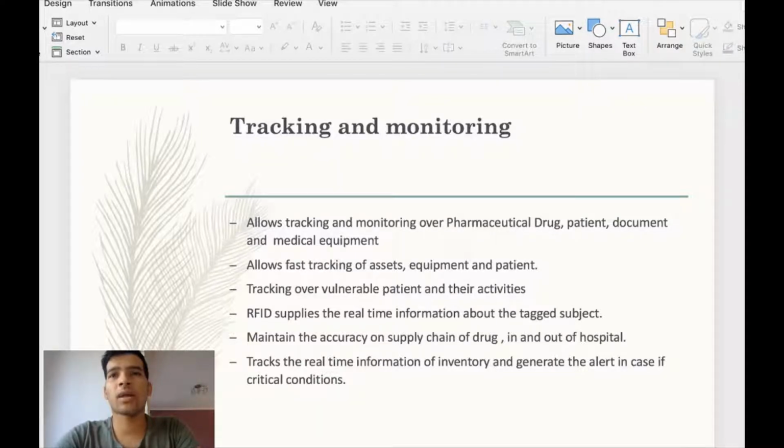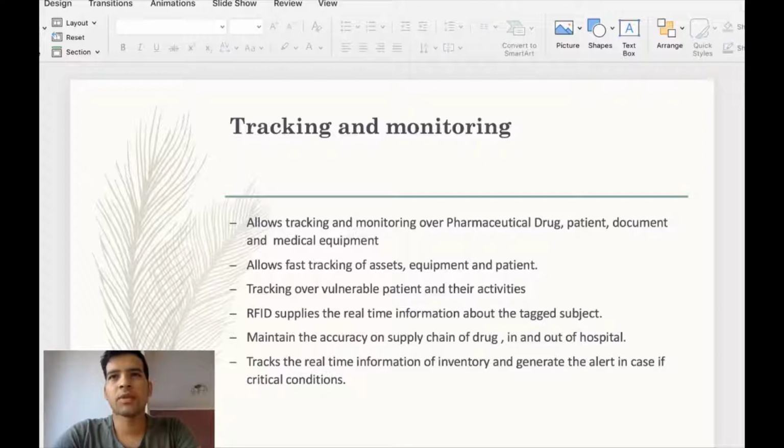It also enables tracking over vulnerable patients, which includes long-term elderly patients, disordered patients, and children. RFID supplies real-time information about the tagged subjects.